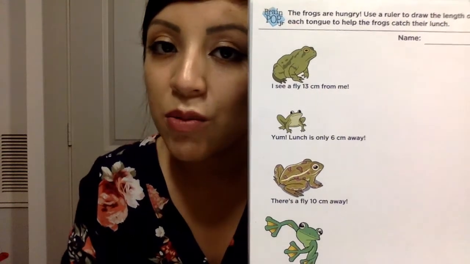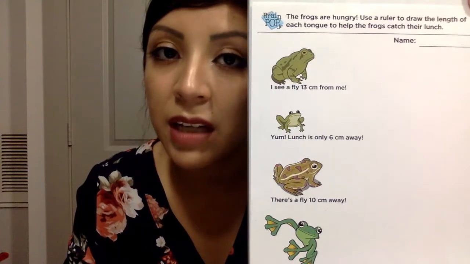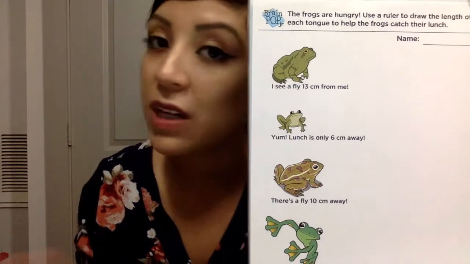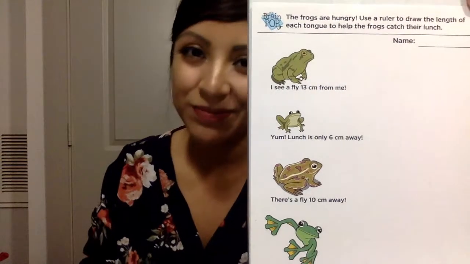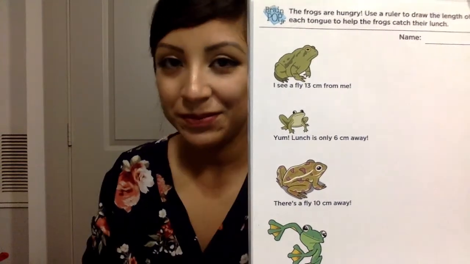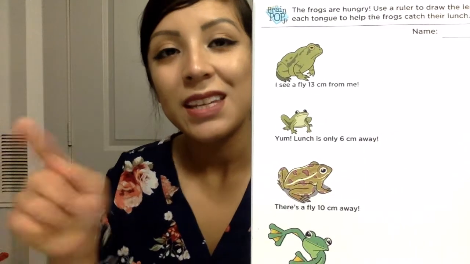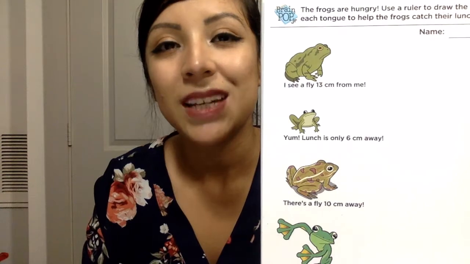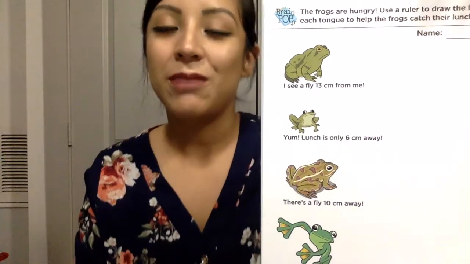What is one thing we must keep in mind whenever we begin measuring with a ruler? Raise your hands before I call on you. No blurting out. Yes, what would we do? Good job. Very proud of you.